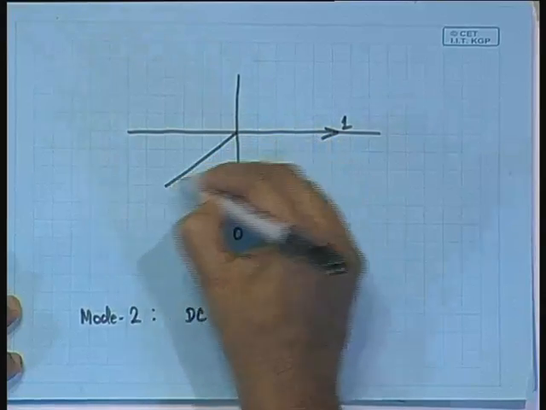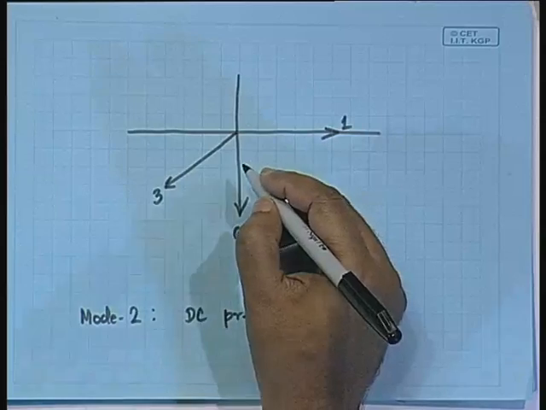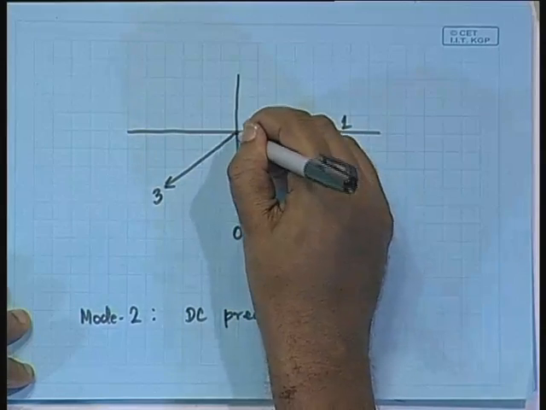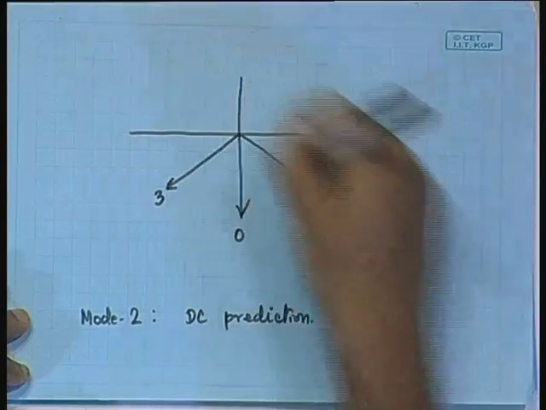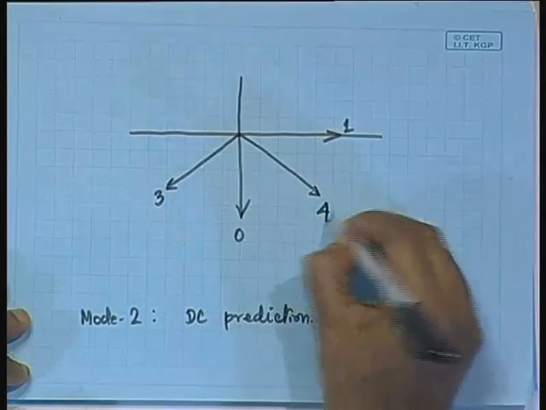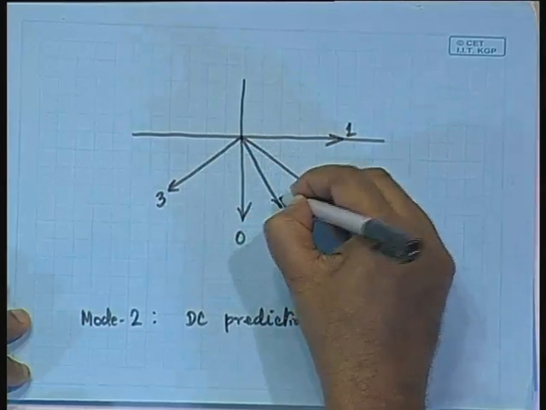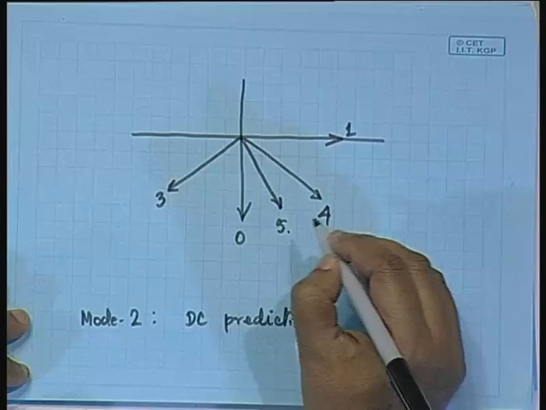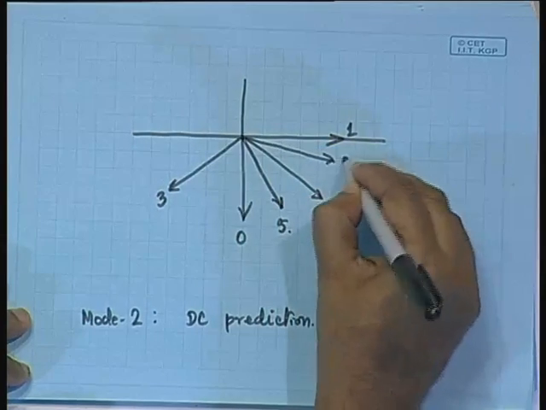Direction 3 is this one, propagating at 45 degrees. Direction 4 is this direction, that means predicting from this one. Direction 5 is in between direction 0 and 4. Direction 6 is in between 4 and 1.